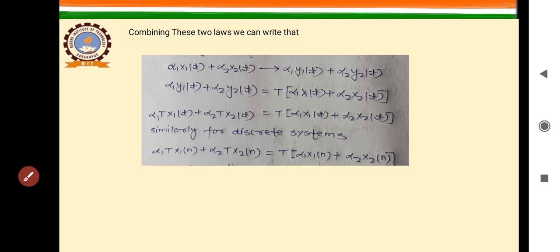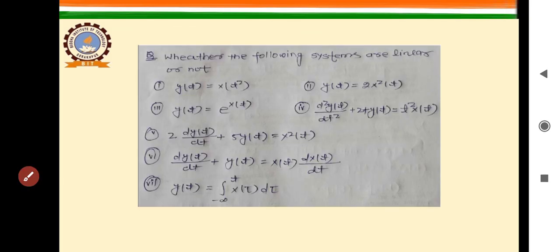Some important examples are there. We have to check the linearity of the system in the given examples. Go through these two examples very carefully, because linearity and non-linearity of a system is very important to study an LTI system.